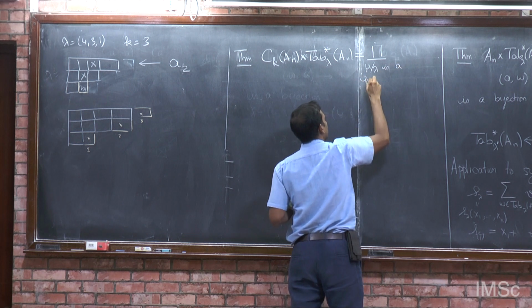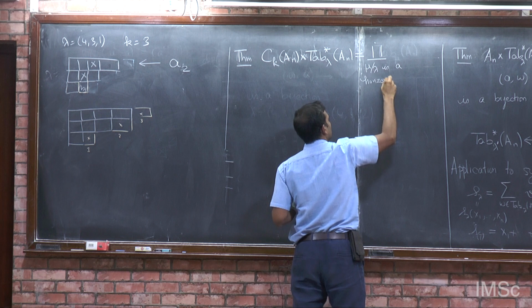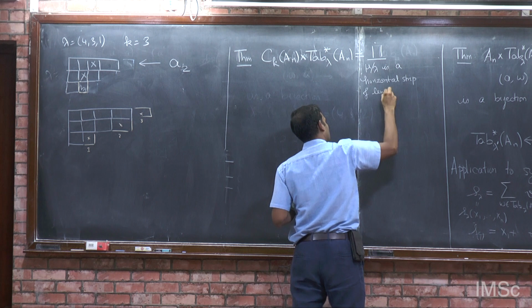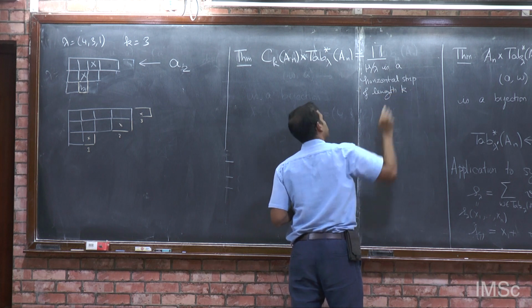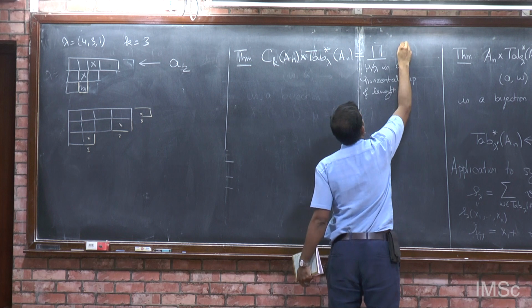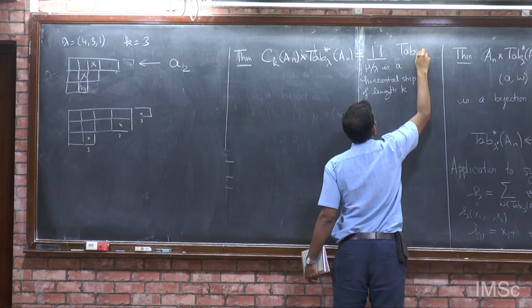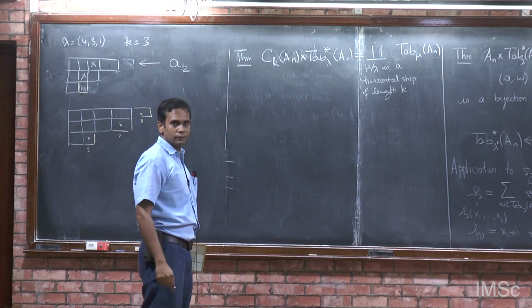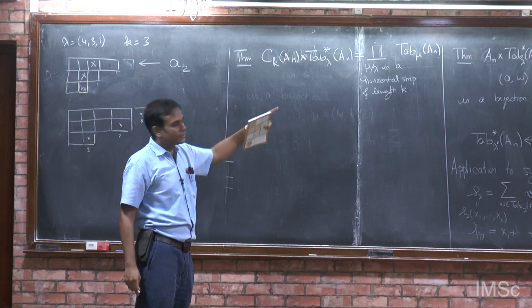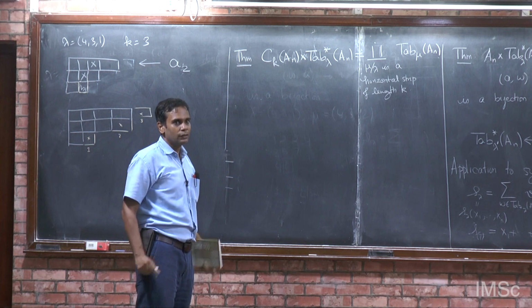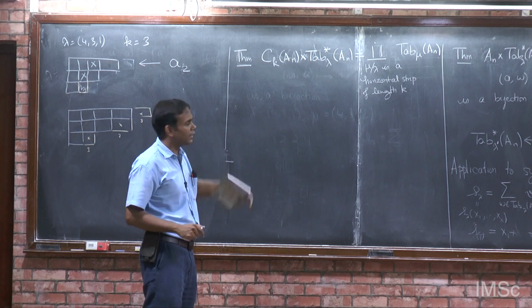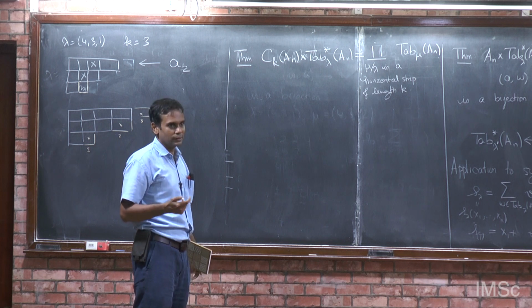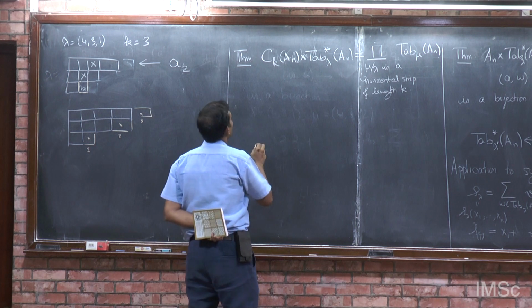The statement is the same, horizontal strip. Okay, so it is still horizontal strip, but these are dual tableau. So, when you put lambda equals lambda prime and think of them as tableau, you will get a vertical strip.